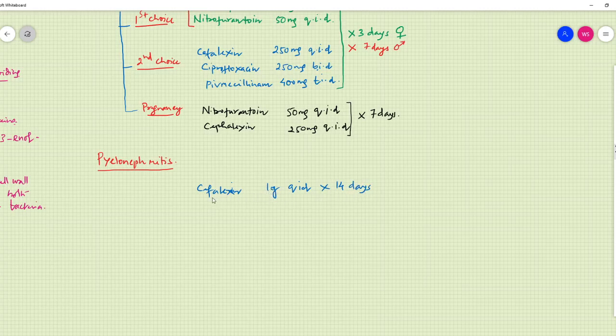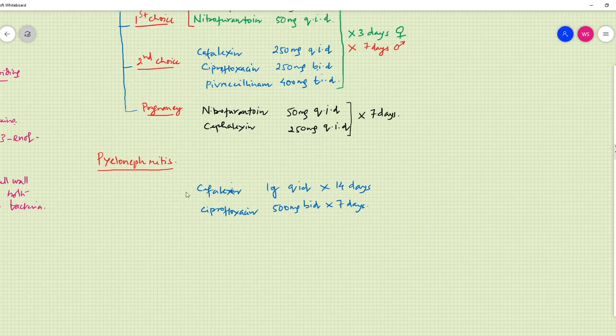So this is a more serious infection, pyelonephritis. That is why 1 gram is administered, or ciprofloxacin, which is given 500 milligram, or double the dose here if you look at it.